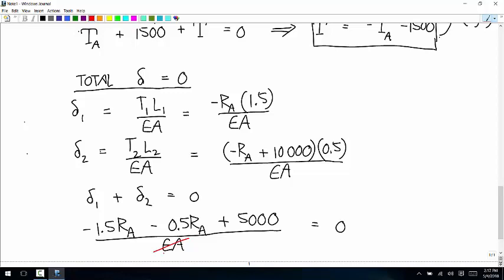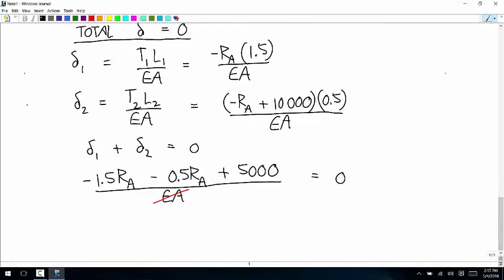So you can multiply both sides by that and get rid of them. And you get that 5,000 is equal to 2 RA. So RA is equal to 2,500.